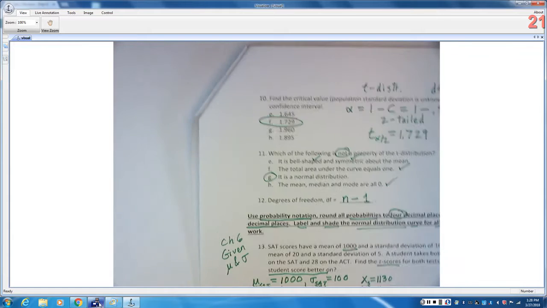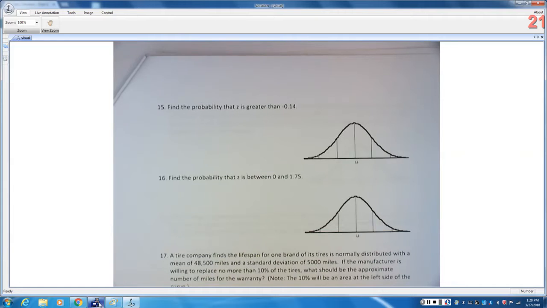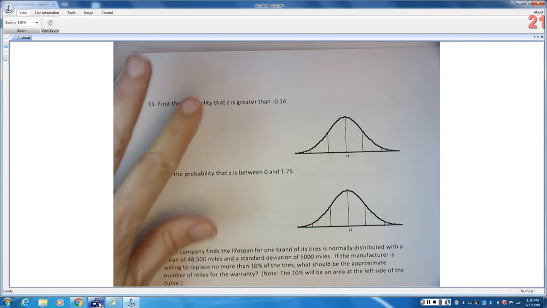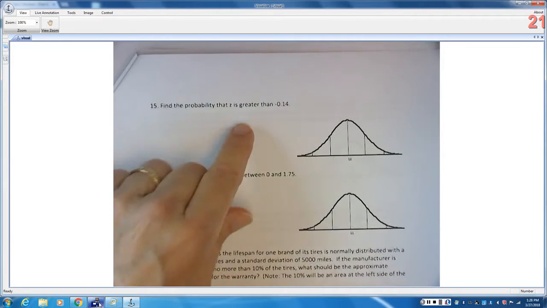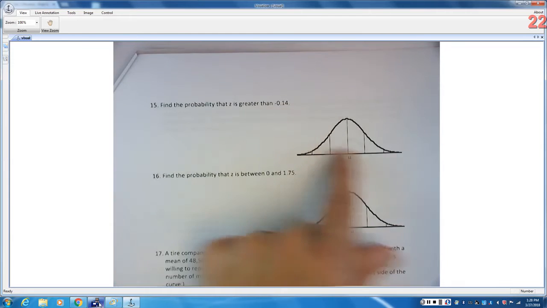Alright, let's see what else we have here. Okay, now, on the test, I am not doing 3 of each kind. So, we can skip these. All you do is put in negative 0.14 to 1,000, shade and label it.